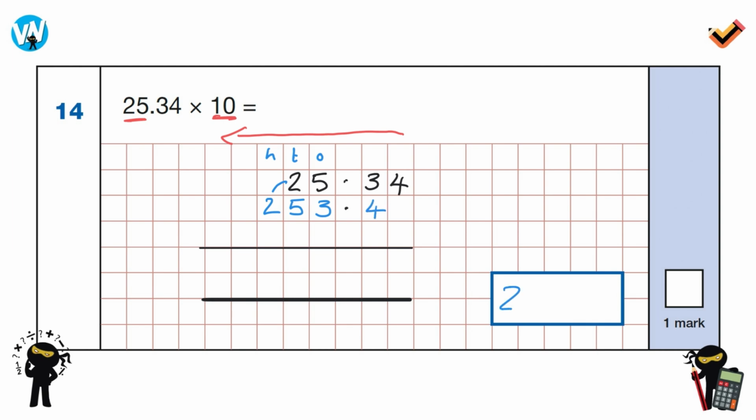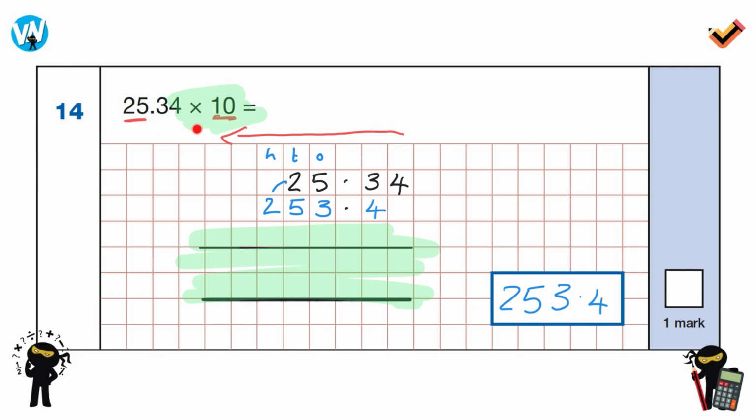So really, that is a very simple one to do, and we don't need to fall into a much larger written method like we've been doing. So this is another one to look out for: when we multiply by 10 or 100 or 1,000, that's not really a decimal multiplication question.